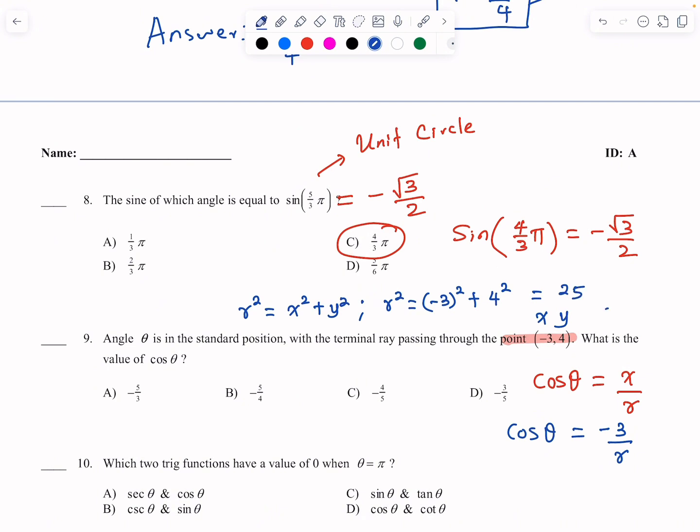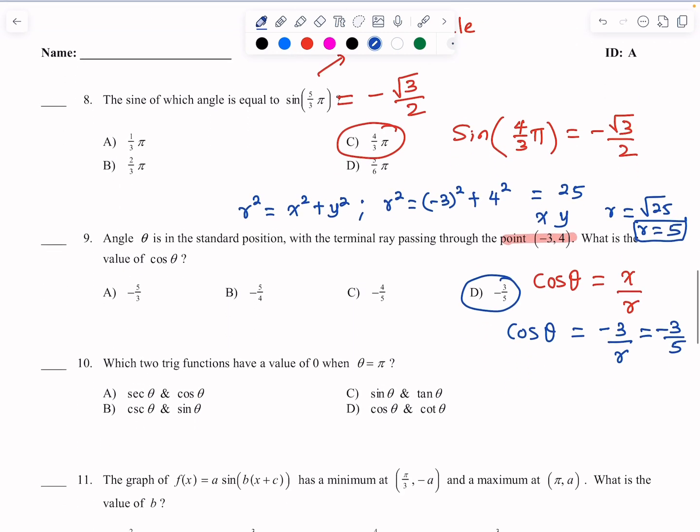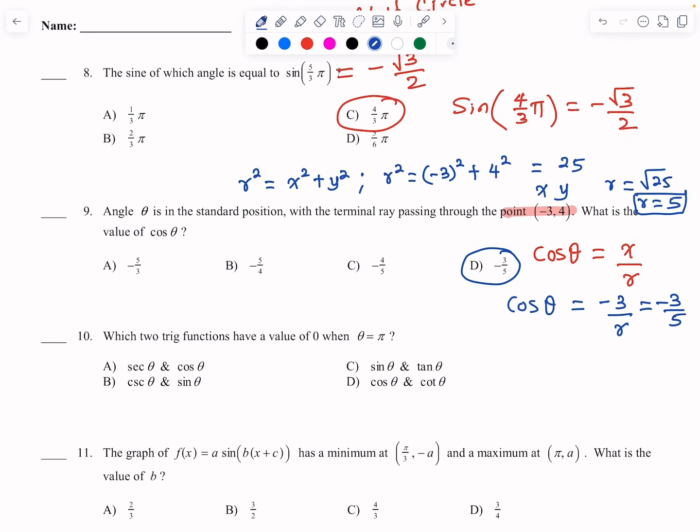Now I want only r, so I can just take the square root of 25, and my r will be 5. But don't forget your radius is the distance from the origin, right? So the square root has to be positive. So what will be the answer to this one? Negative 3 divided by 5, and that option is going to be option D.